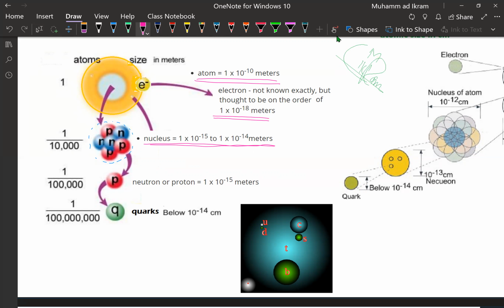This is not exact, because in my last lecture, if you remember, I told that the radius of the nucleus is directly proportional to the cube root of the mass number, right? So this is not fixed. As the number of nucleons increases, the radius of the nucleus increases.